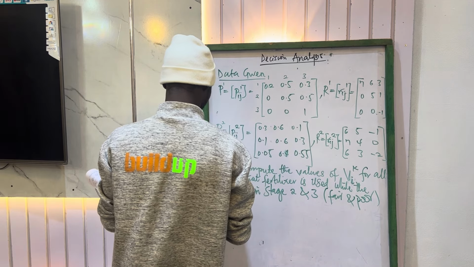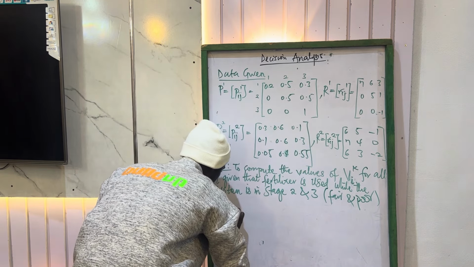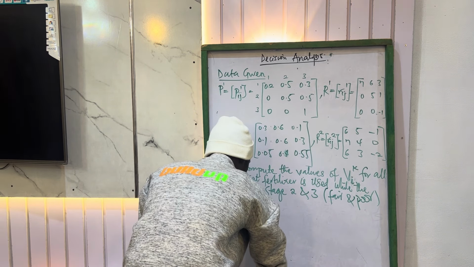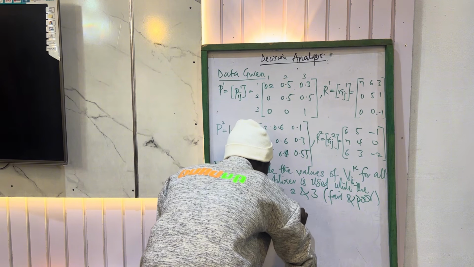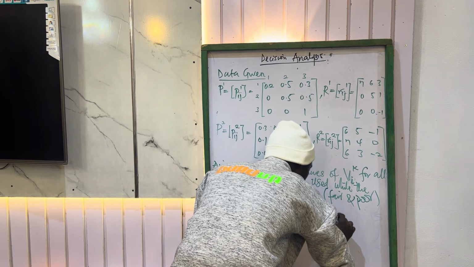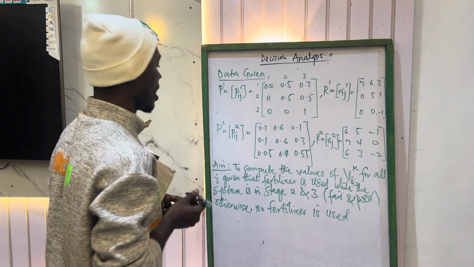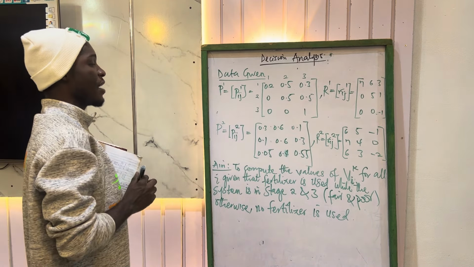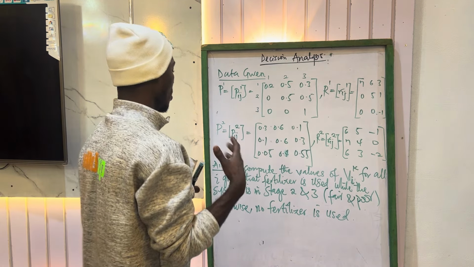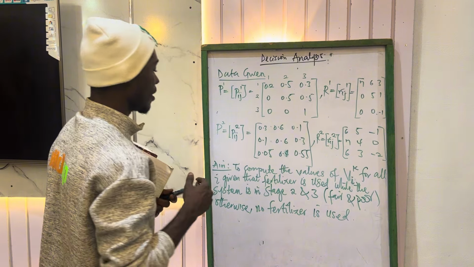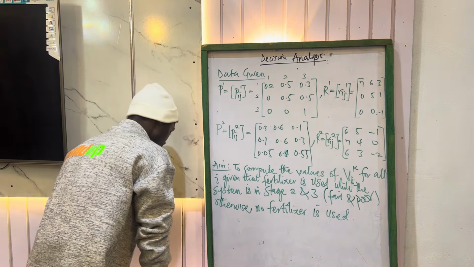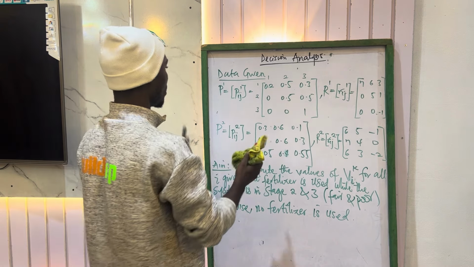Otherwise, no fertilizer is used. So this is our aim, to compute the values of VIK, the objective function for all I, given that fertilizer is used, then fertilizer is not used. So that is the aim. So I'm going to rub off the board so that we start solving.